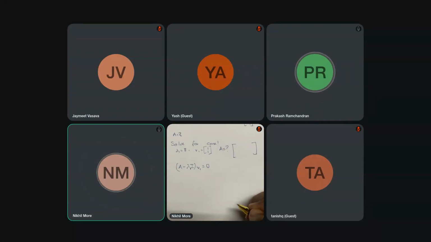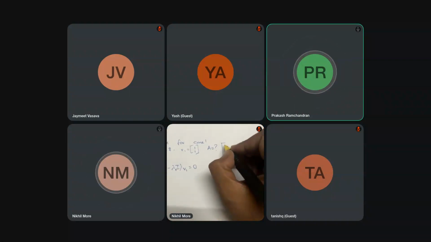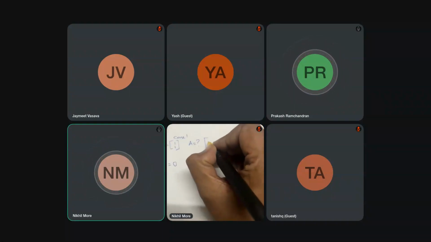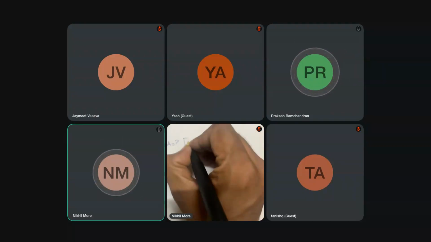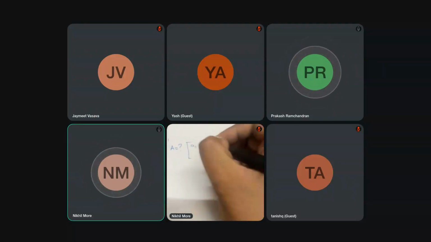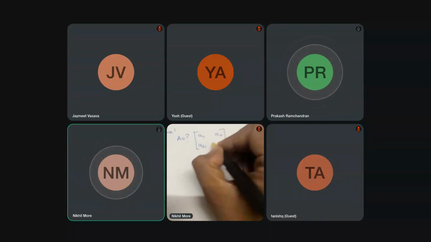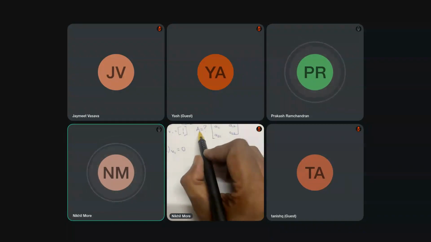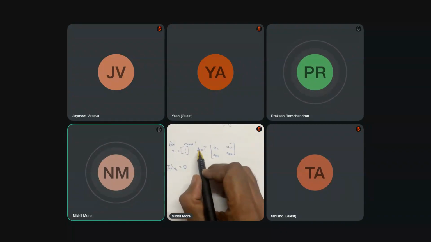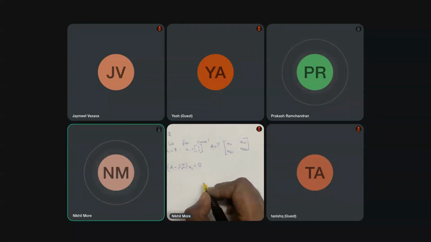A is a 2 by 2 matrix because eigenvectors can be only for n by n or square matrices. I'll name this A11, A12, A21 and A22. Keep in mind that this A will be constant for both case 1 and case 2.